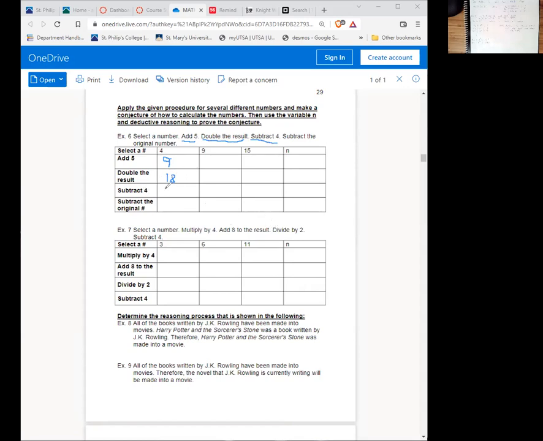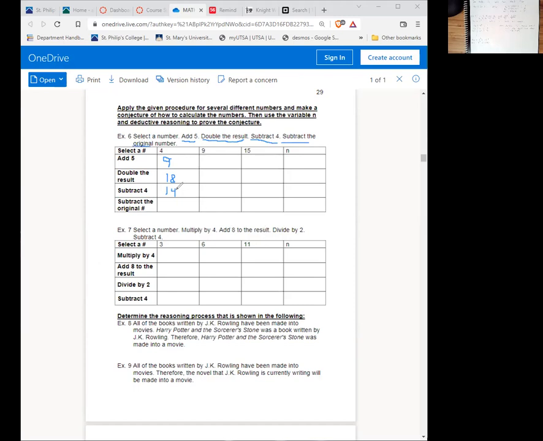Subtract 4, well, that's going to be 14. All right, once you've done that, it says subtract the original number. So that was this piece.